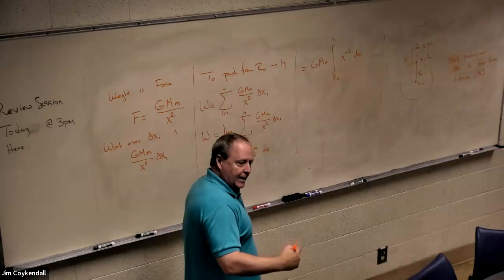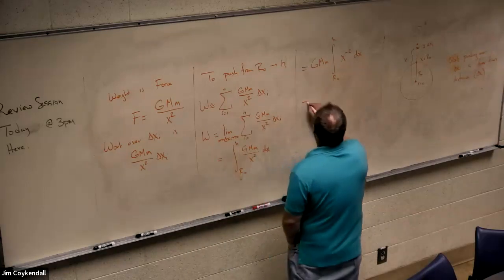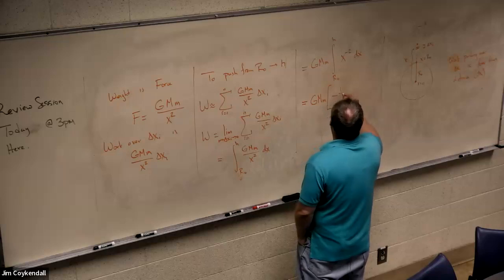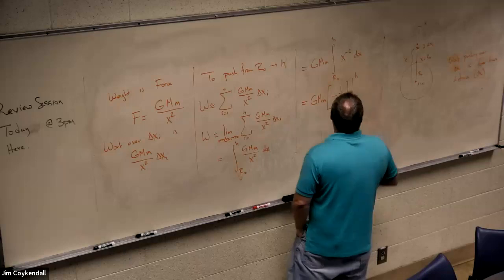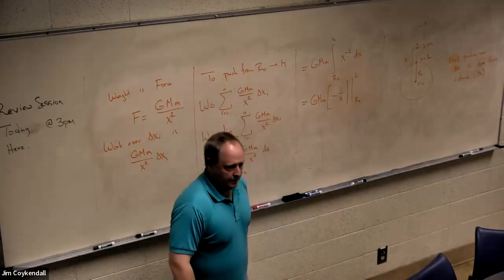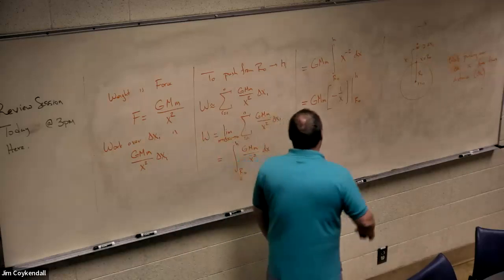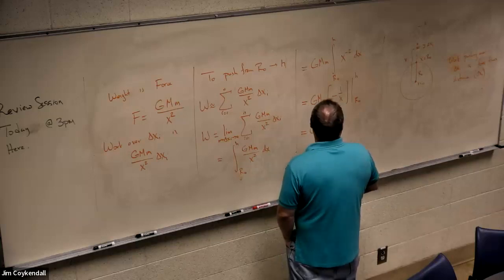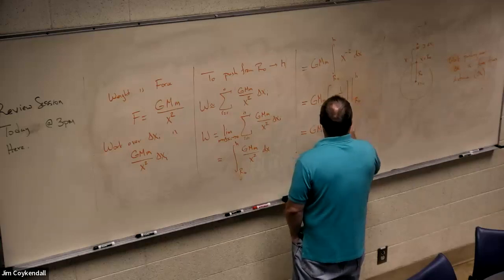And the antiderivative of x to the minus 2 is x to the minus 1 over minus 1. So this is GMm times, when I put in H, I get minus 1 over H, and when I subtract, putting in R0, I get 1 over R0.